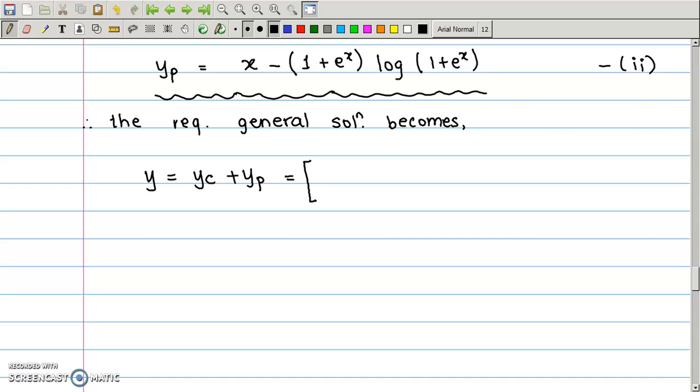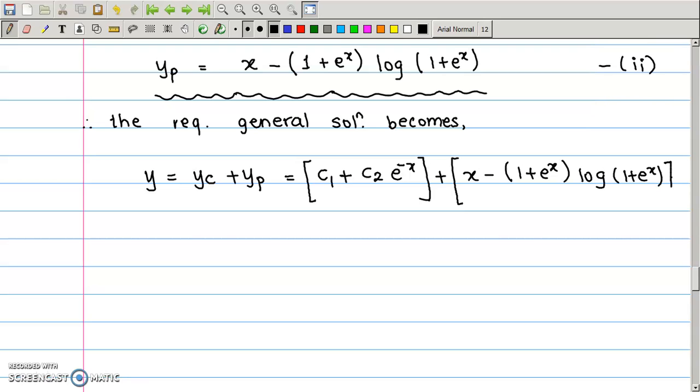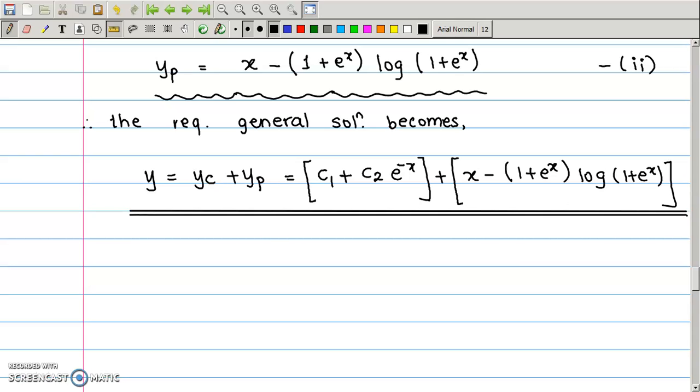Since our complementary function was c1 into e raised to 0x plus c2 into e raised to minus x, this will be the first part of the solution, and the second part is the particular integral, that is x minus 1 plus e raised to minus x into log of 1 plus e raised to x. So this is the required particular integral, and this will give us the required general solution. So in this way we can simplify the linear differential equation of non-homogeneous type.